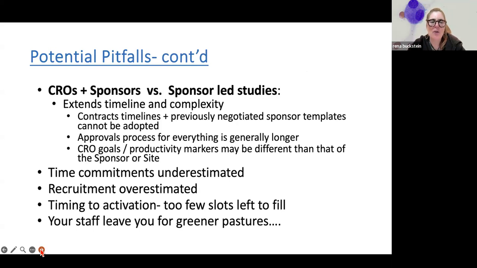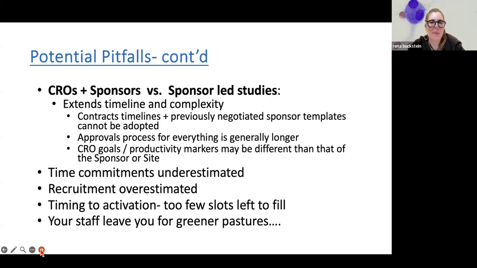If you have a sponsor that hires a CRO versus a sponsor leading the study themselves, like they have their own in-house CRO, having a CRO makes it more difficult and increases your timeline and complexity.